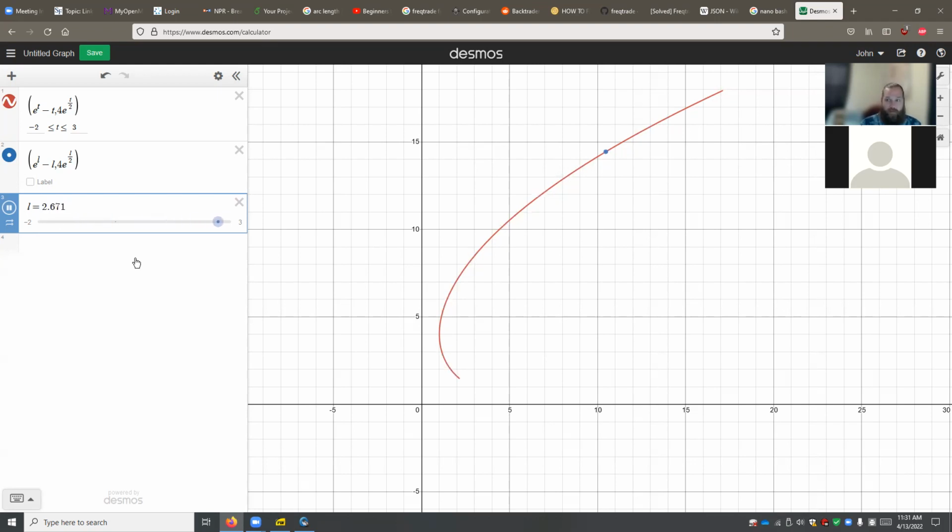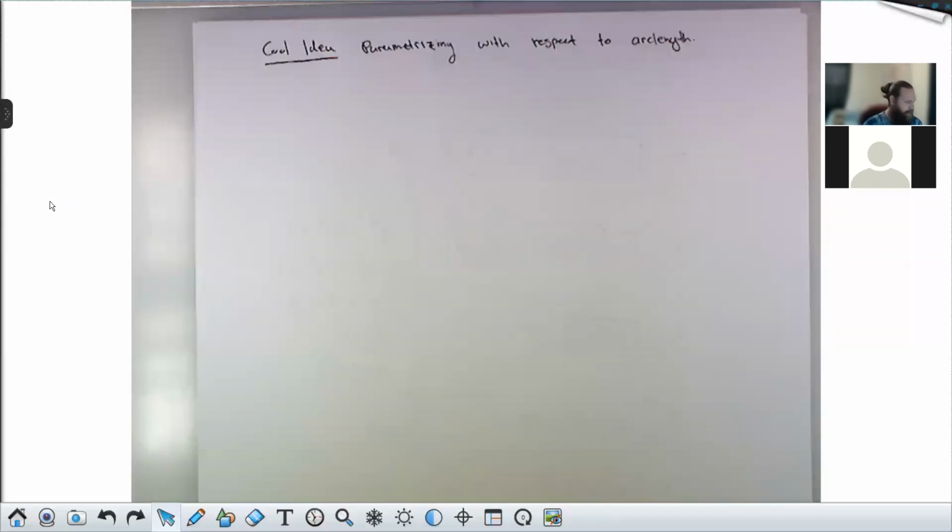It would be nice if there was some way for me to rewrite the parametric equations so that we walk along the curve at a constant speed. For this particular example, it's very hard to come up with a formula to do that, but I just want to give you the idea as to how you would do that.